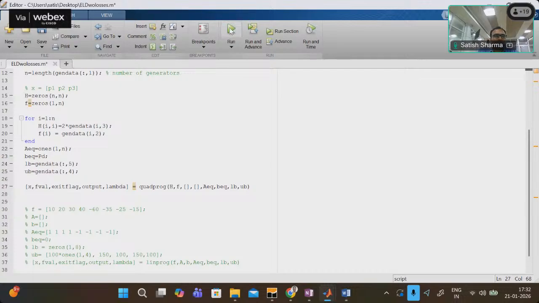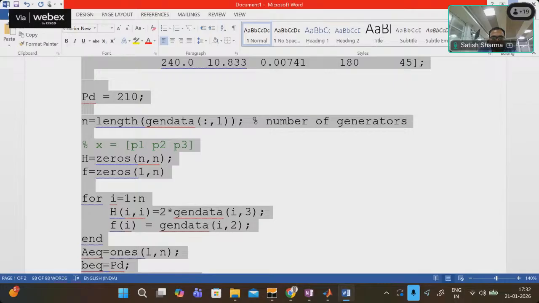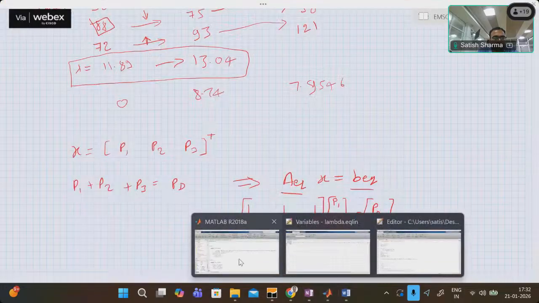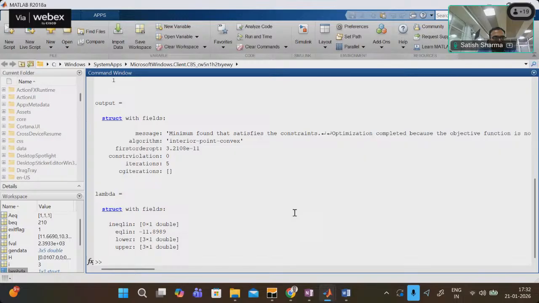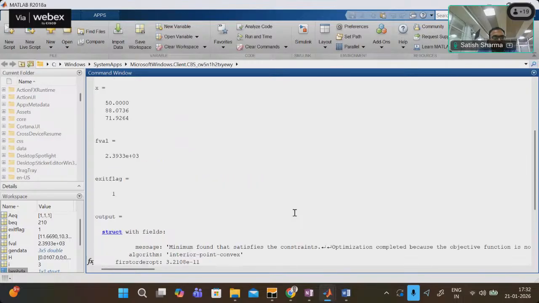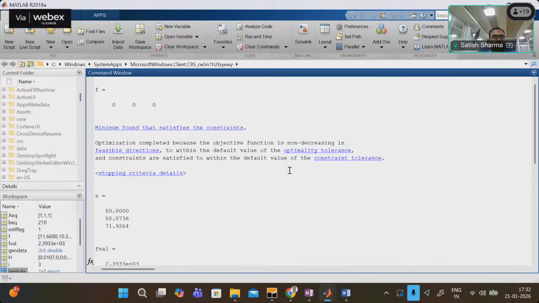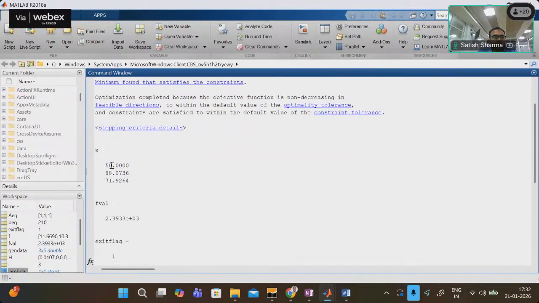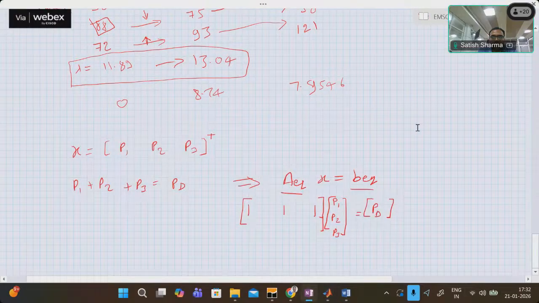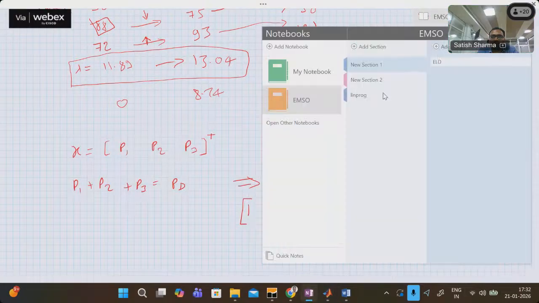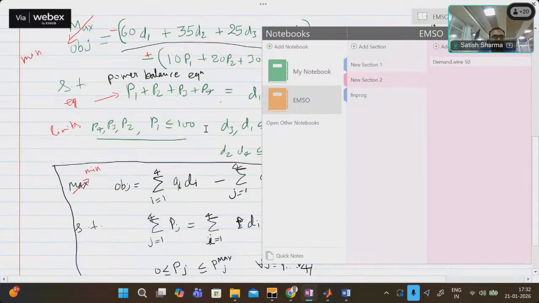And let me run it. Let's hope there is no error. I must have written correct code. So yes, there is no error, and exit flag is 1, and we have output: 50, 88, and 73. Without loss, we solved it already, right?